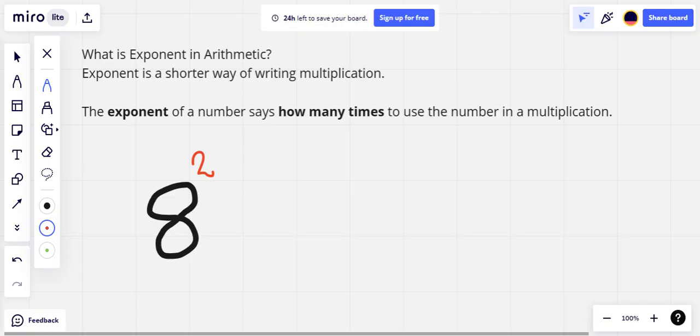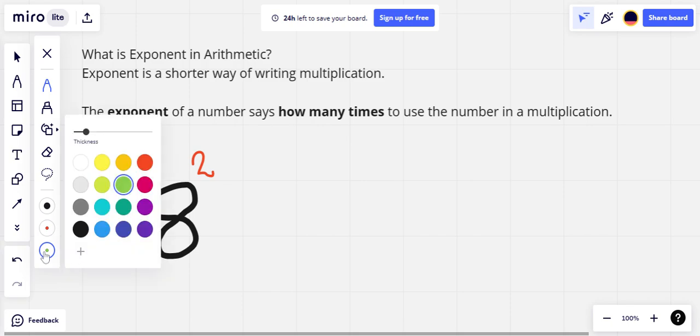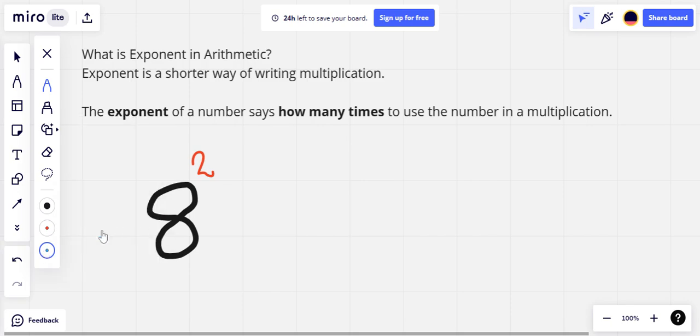This is what we call an exponent. And if you notice, we have a big number at the bottom with a small number at the top. Now, this big number, let me get a different color for you. Let me use blue. This big number that is at the bottom right here, this is what we call the base.